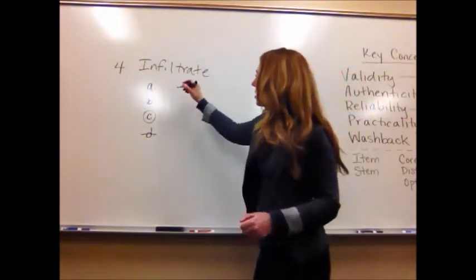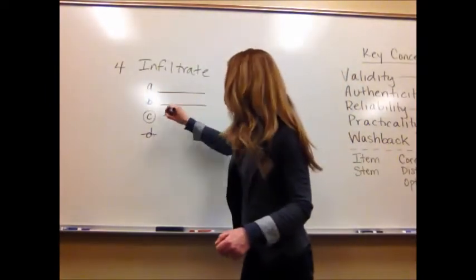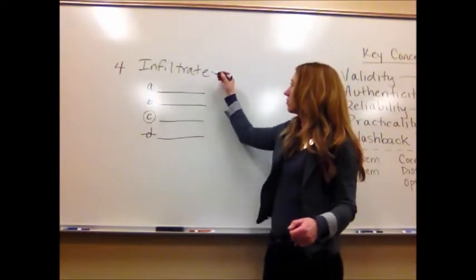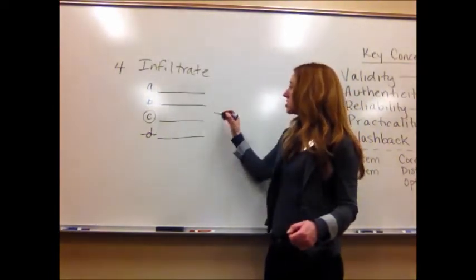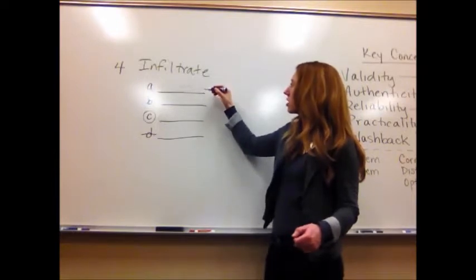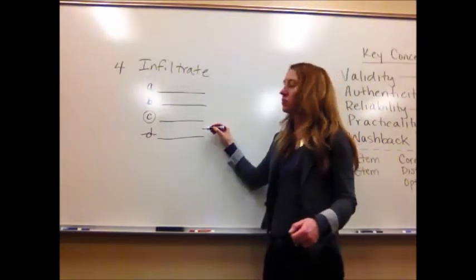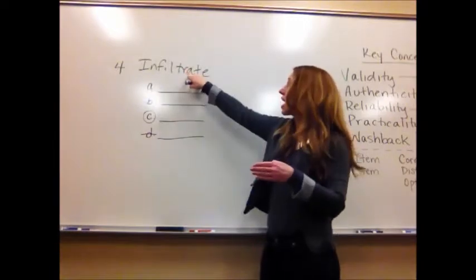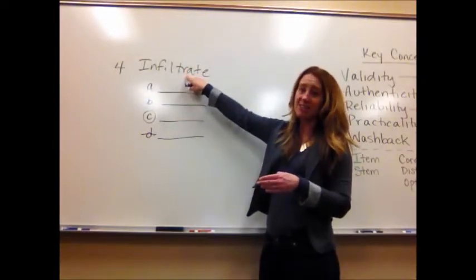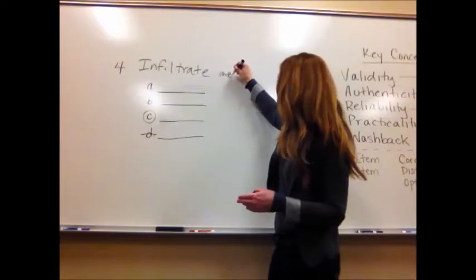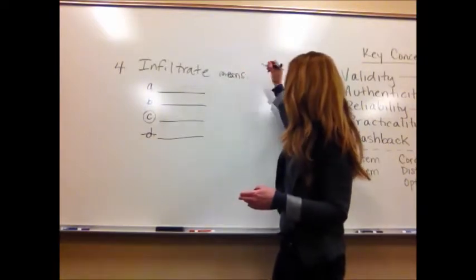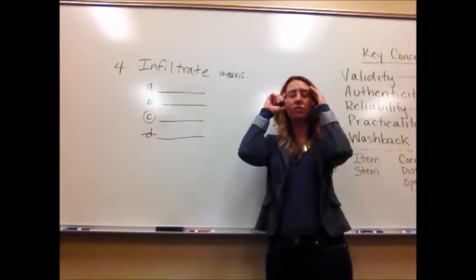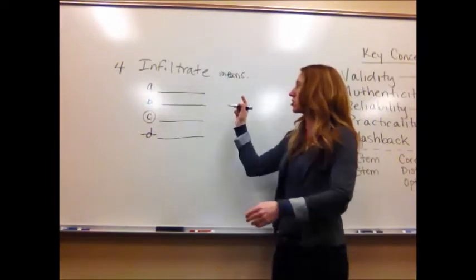One thing that you want to make sure for parallelism is to make sure that for definitions, potential definitions for this word, to make sure that each of the options is easier than infiltrate. That is what you're trying to test, right? Infiltrate means, and of course that's enough of a stem that a student can start to answer it in their head before they look at the options.